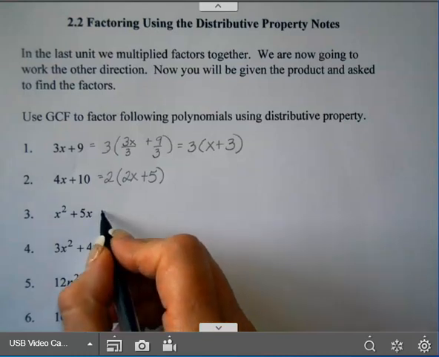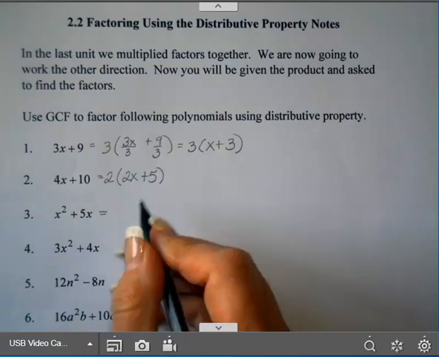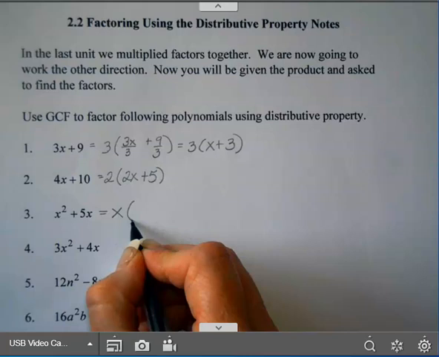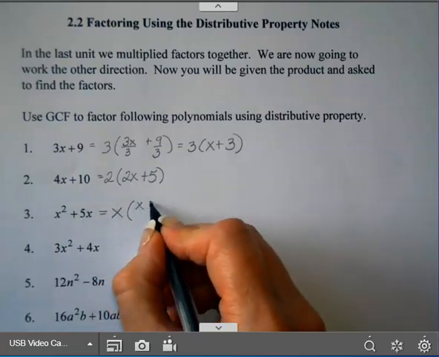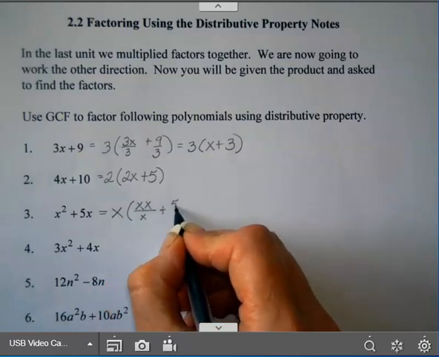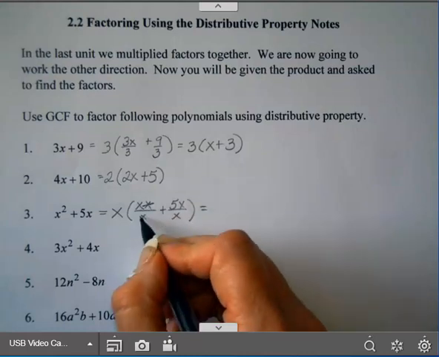On the next one, they don't have a number besides 1 in common, but they do have a letter in common. I'm going to pull out the letter x. And when I do that, I'm dividing x squared. Remember, x squared is x times x. I'm dividing that by x, and I'm dividing 5x by x. One of those will cancel.